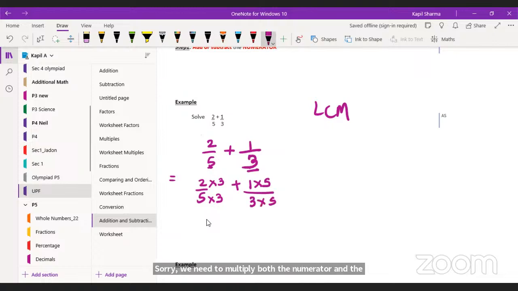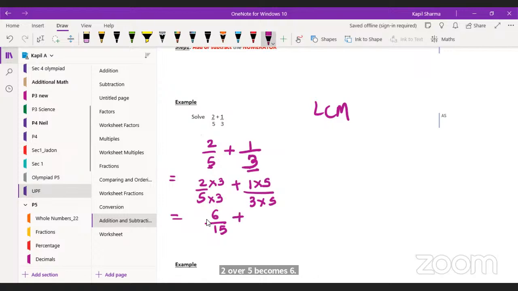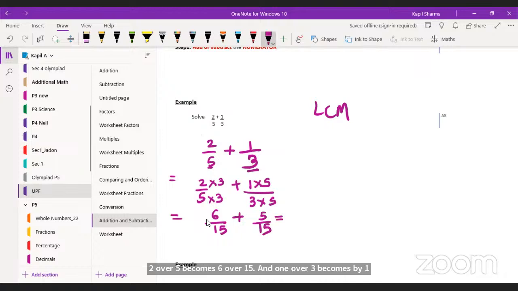Now you can see that 2 over 5 becomes 6 over 15 and 1 over 3 becomes 5 over 15. Okay. Now these are two like fractions, so we can simply add the numerators.